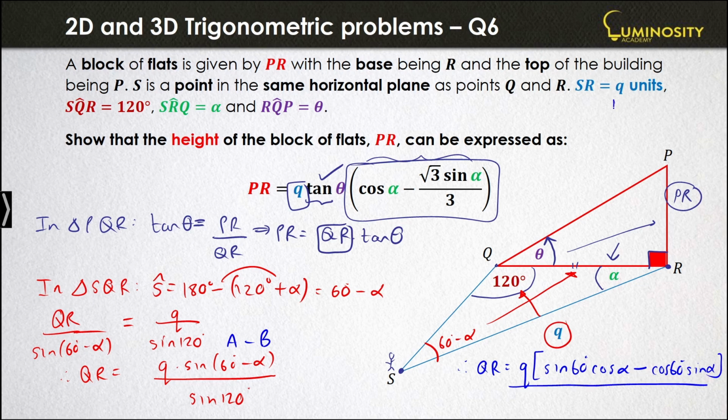Now, for my CAST diagram, where's sine of 120? It's in the second quadrant, so it's going to be a positive value, and it's 60 degrees from the horizontal. So it's the same as sine of 60 degrees, which is a special angle we know, that is root 3 over 2. And that's promising because we see root 3s here, so hopefully that'll help us.